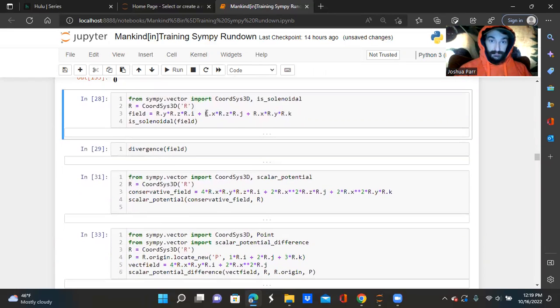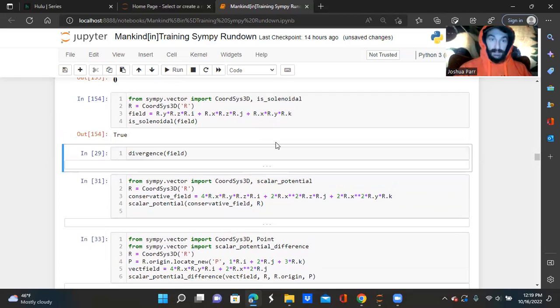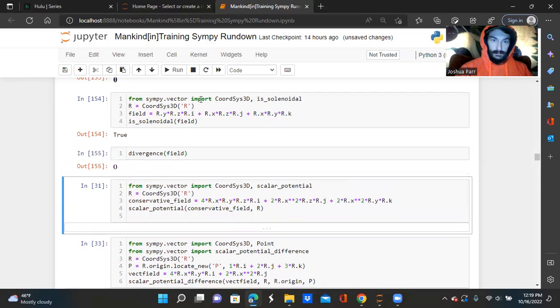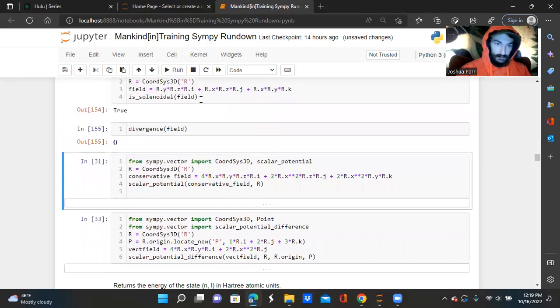And so this is asking if the field is solenoidal, and it is indeed. This is asking for the divergence of the field, and it is 0.